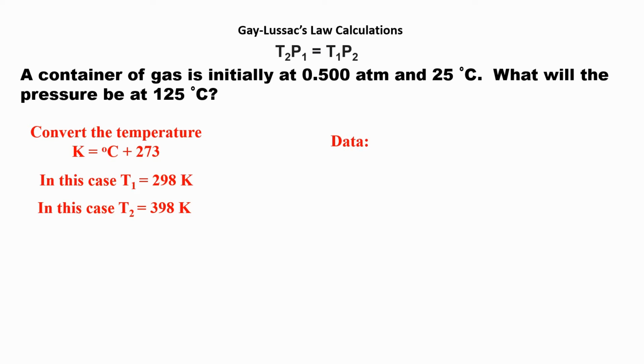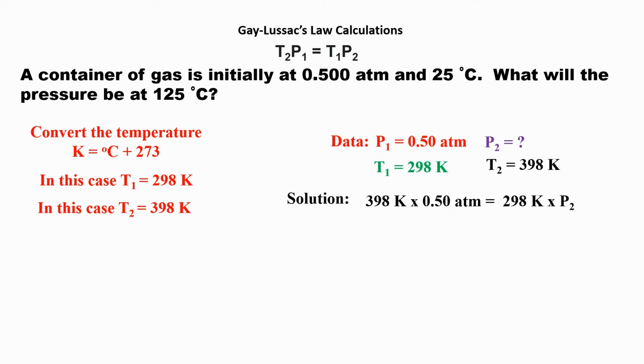The data is written as follows, where P1 is 0.50 atm, T1 is 298 K, P2 is unknown, and T2 is equal to 398 K. To solve for this particular problem, we arrange the data as follows. 398 K times 0.50 atm is equal to 298 K times P2.